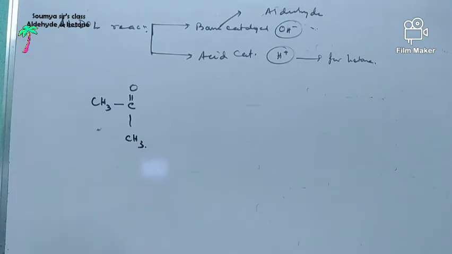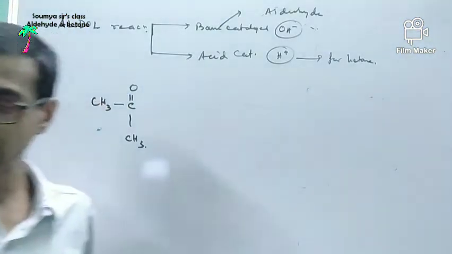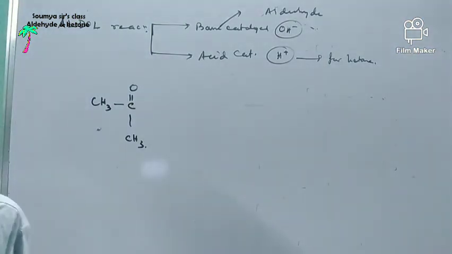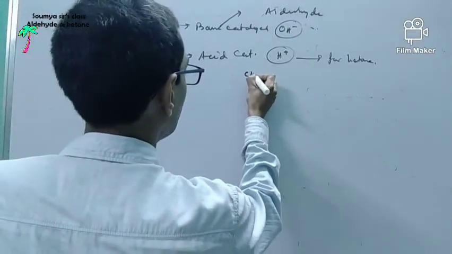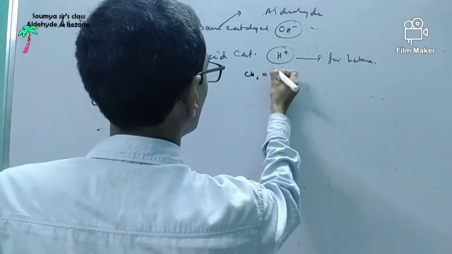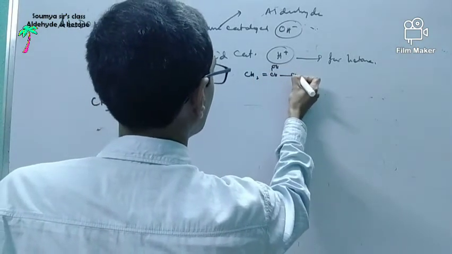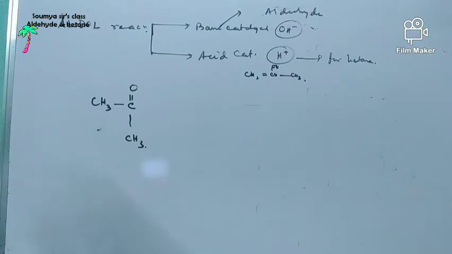This acetone will react with the enol form of the ketone. The enol form of the ketone is like this, CH2 double bond C, OH and CH3. But forget that.